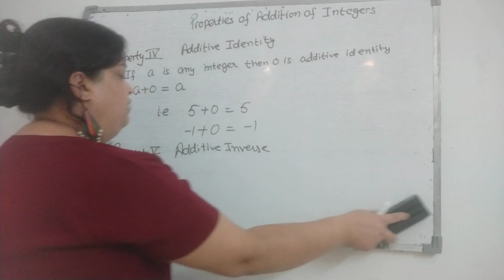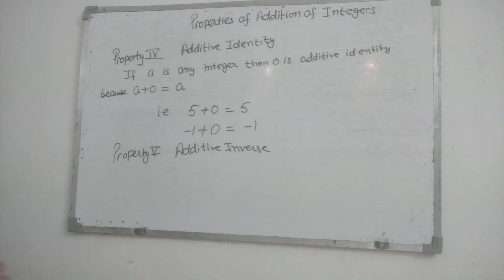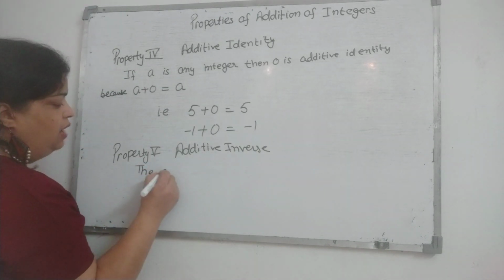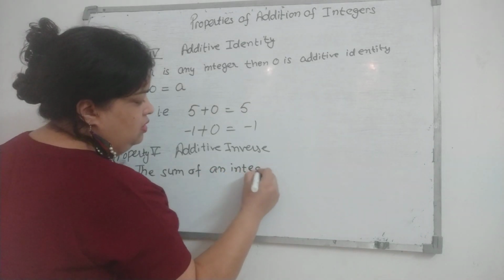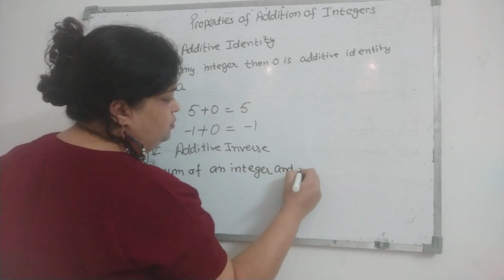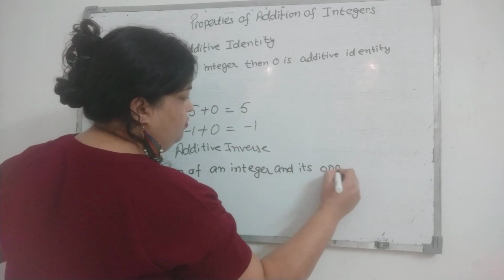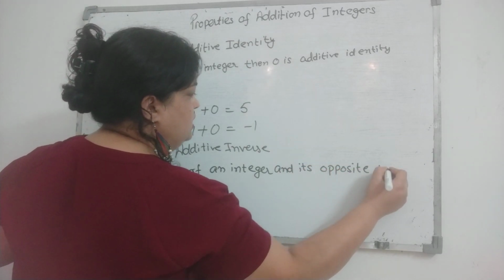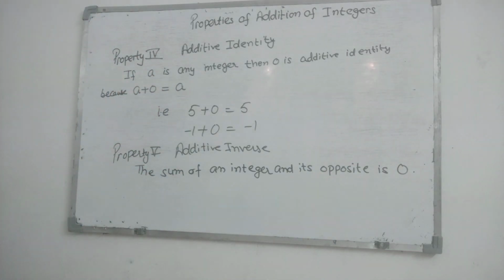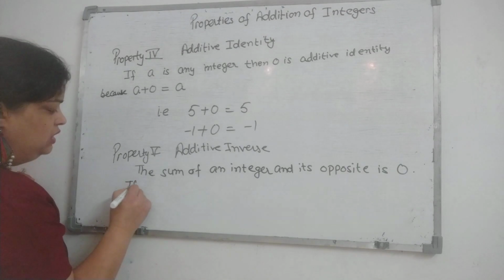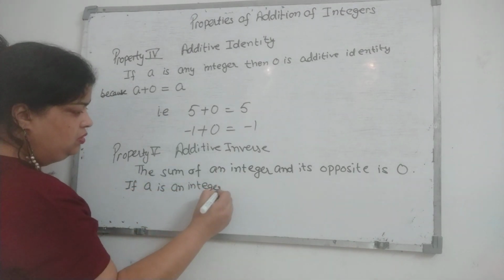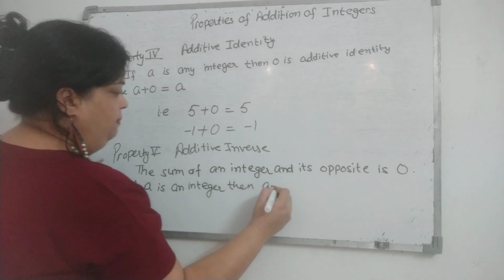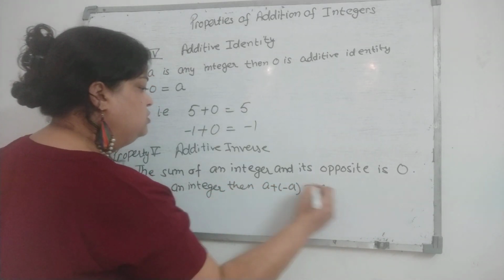What does the additive inverse say? The sum of an integer and its opposite is 0. If a is an integer, then a plus minus a is equal to 0.